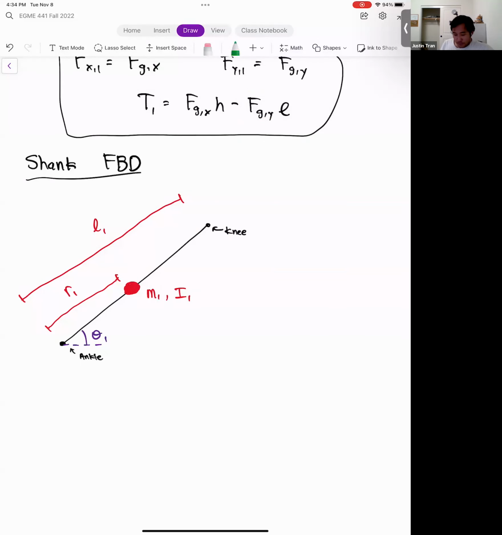Okay. And now let's draw in the forces and moments at the joints. First we have the ankle: fx1, fy1, and t1.